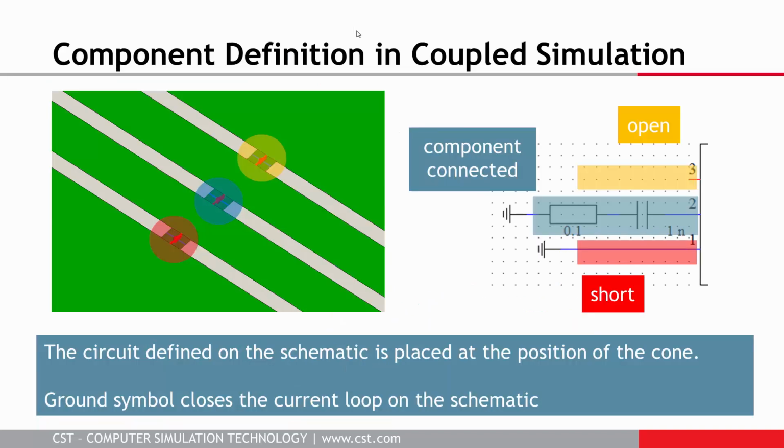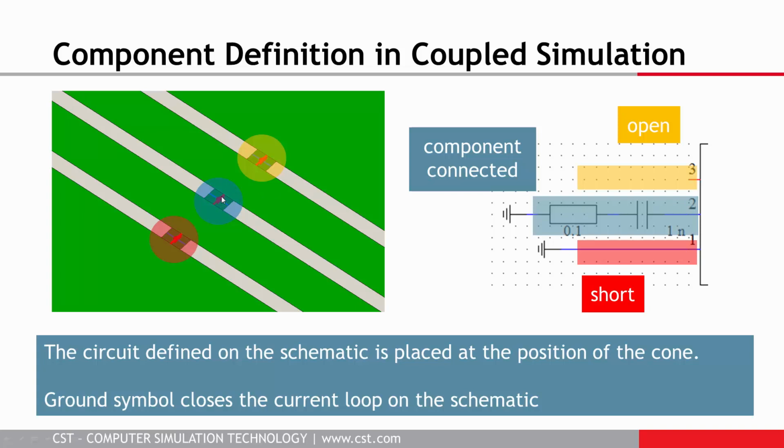And this is the slide which basically is the most important for you if you do not want to dig into the details of the simulation. It tells you basically how the connection is happening. And it's very, very simple. You can say that everything that has been placed in between the 3D model that we see here, the 3D block, and the ground element, everything that has been placed there will be placed at the position of the red cone in the 3D model.